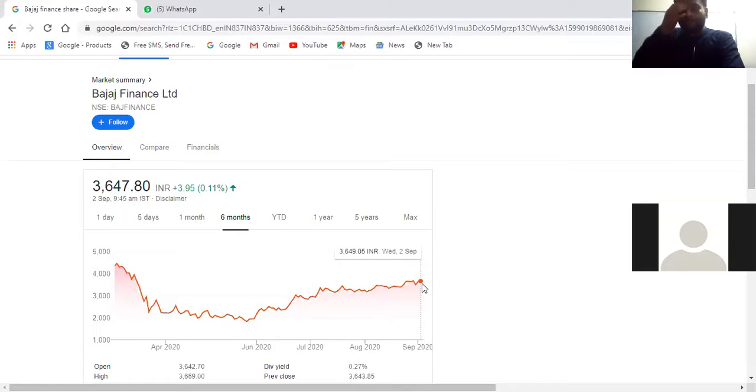Up to here it has doubled. So in June, July, August, September, in 3 months you have doubled your money in the share market.